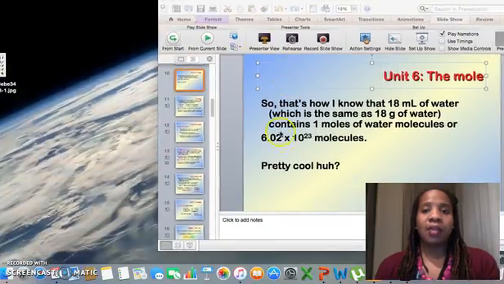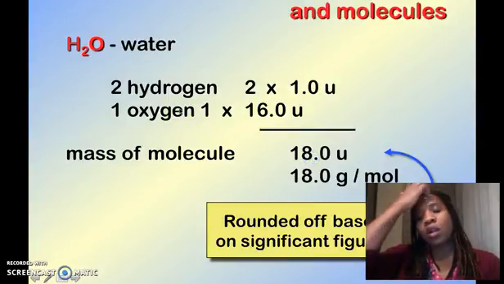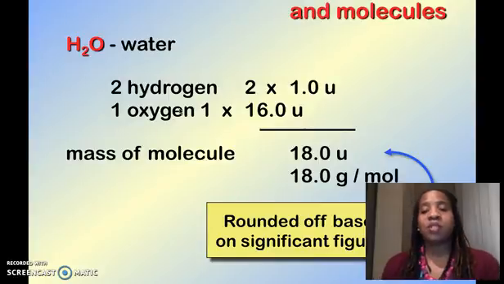Okay, so let's do an example. Let's say I'm talking about water. So water has a formula H2O. That means there are 2 atoms of hydrogen and 1 atom of oxygen in a molecule. So if I want to find the grams of water in 1 mole of water, I'm going to say 2 times 1 plus 16, which gives me 18.